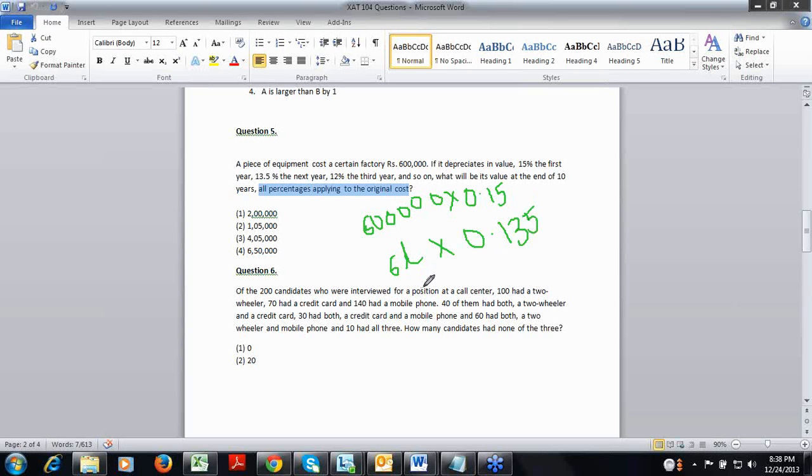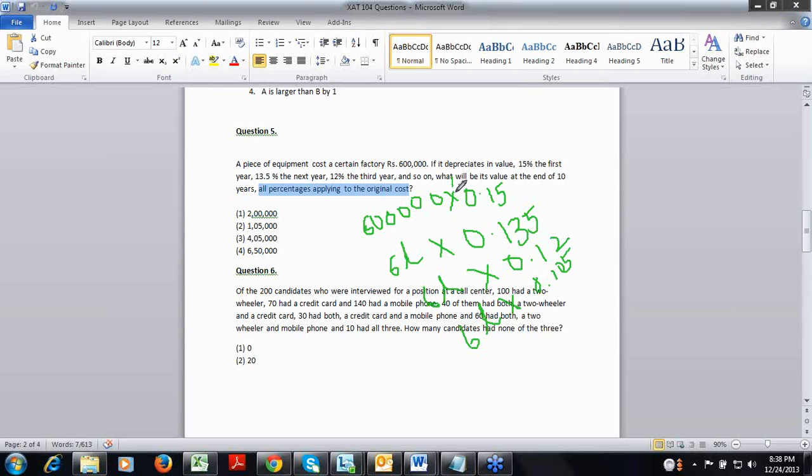Then next year how much will it depreciate? 6 lakh into 0.12. Next year 6 lakh into 0.105.